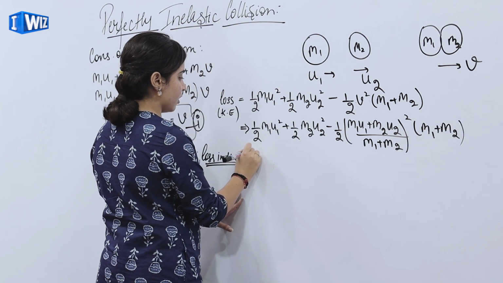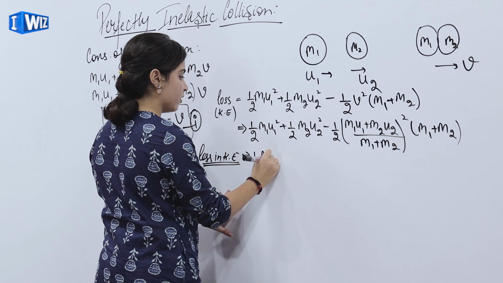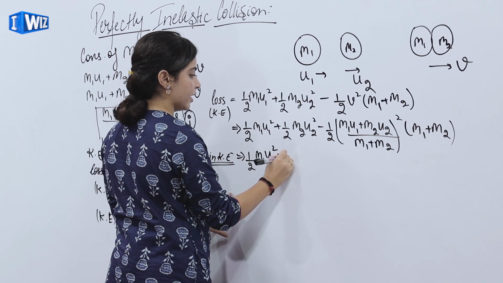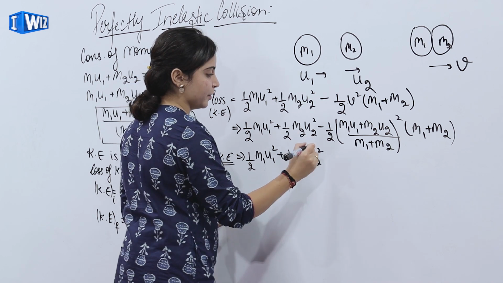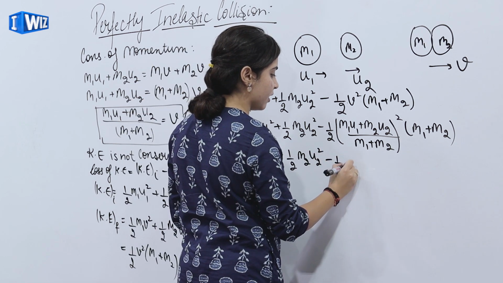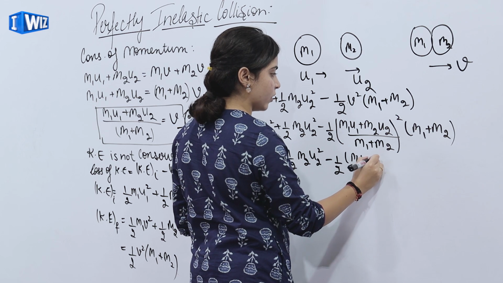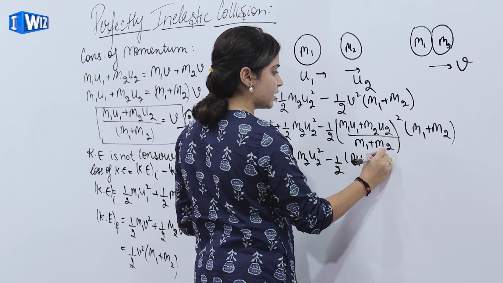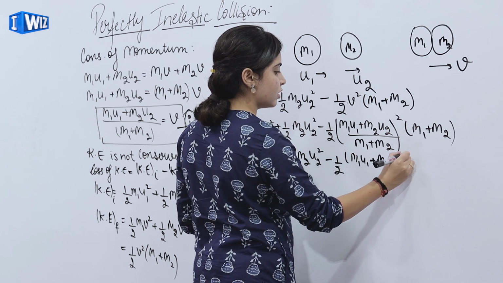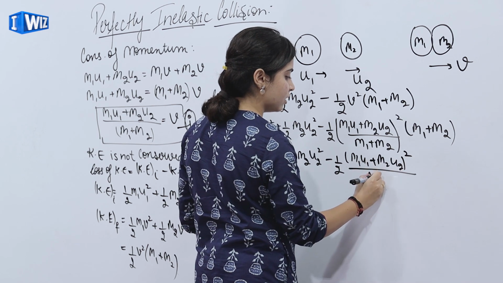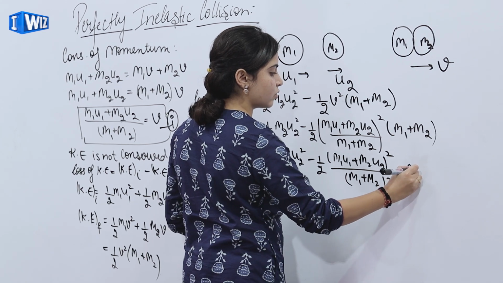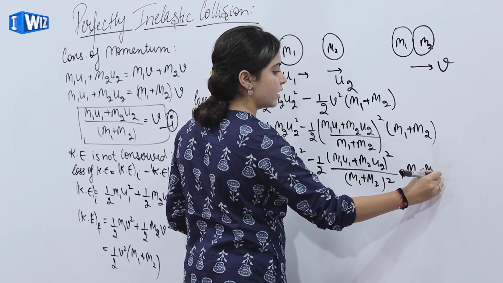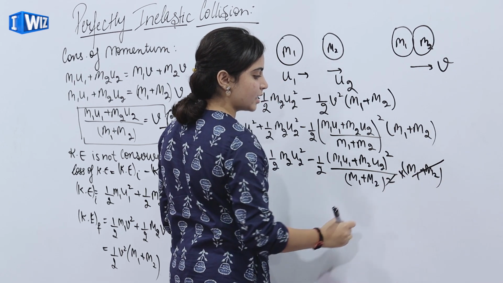So now we'll solve it. Half m1 u1 square plus half m2 u2 square minus half (m1 u1 plus m2 u2) square upon (m1 plus m2) square into (m1 plus m2). So one (m1 plus m2) will get cancelled.